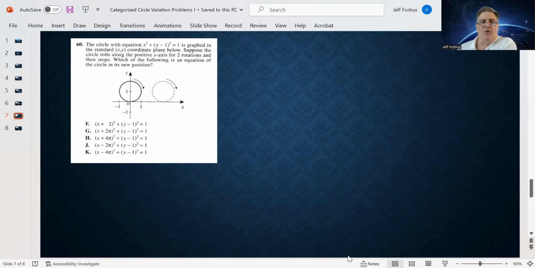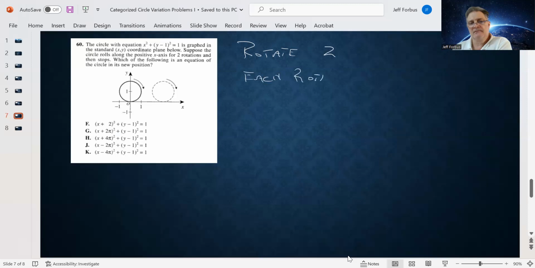So it's going to rotate 2 times. Each rotation is 2 pi, or 360 degrees.